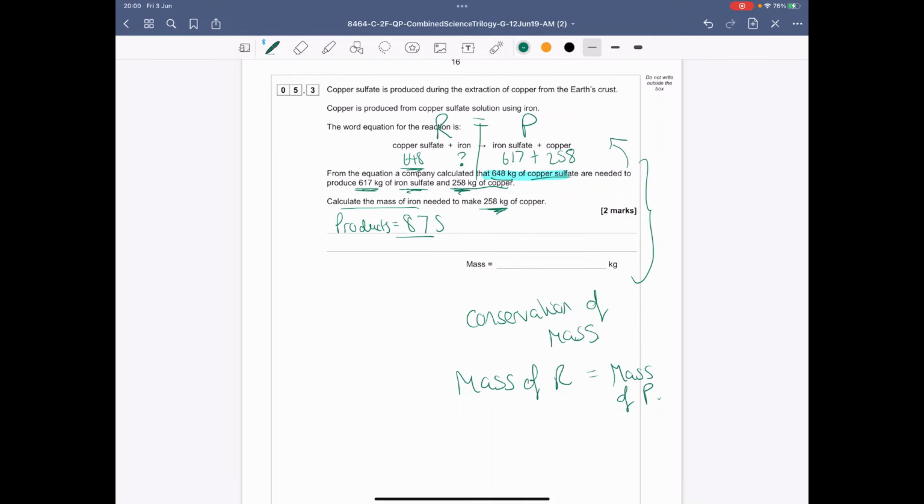You know 648 is copper sulfate, so you can subtract the 648, and that difference would be the mass of iron that you have to put in, which is 227. And you can just double check it. 648 plus 227 equals 875, which is the mass of those two numbers there. So it works and it's balanced.